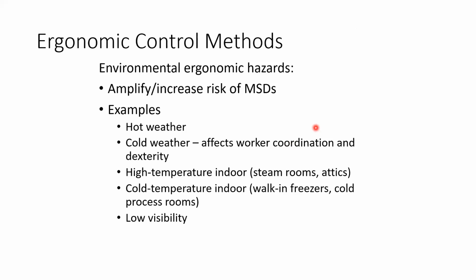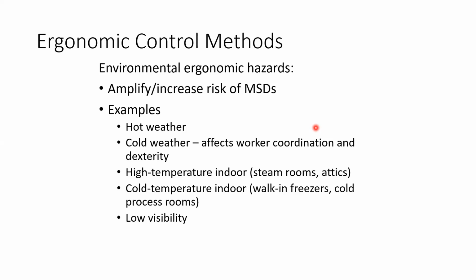What about the effect of the environmental ergonomic hazard? Number one, it amplifies or increases the risk for musculoskeletal disorders. What is the example? If we add these hazards, and hot weather is present, it will increase the risks.